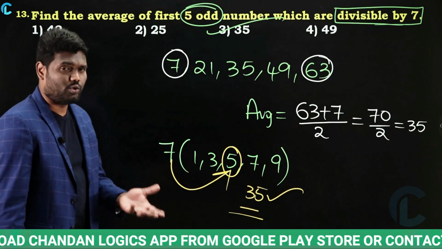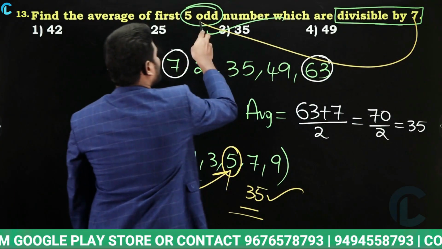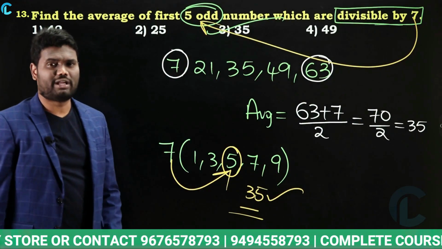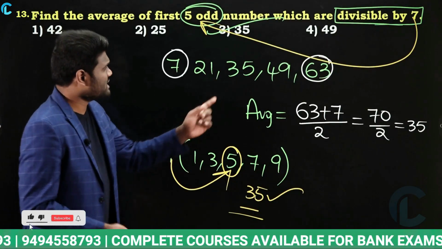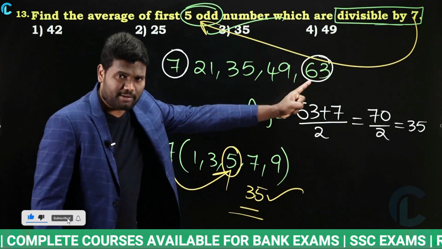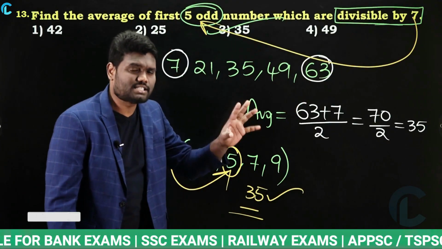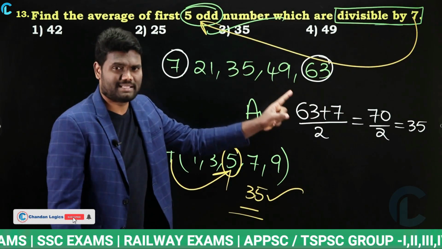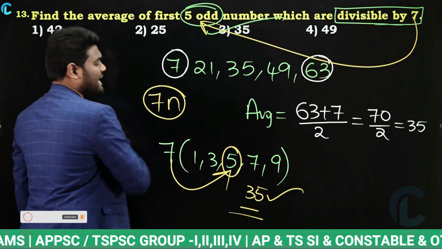Or else what you can do is, in this question, you can directly multiply 7 into 5 and say the answer is 35. You can say it that way also. Why? Because it is divisible by 7 and we need the first 5 odd numbers, so you can directly say it as 7n.